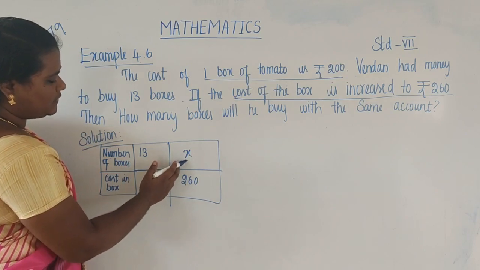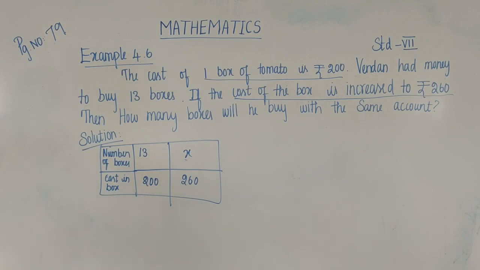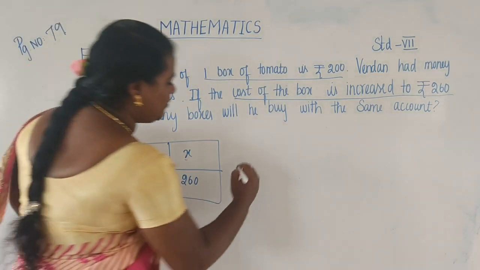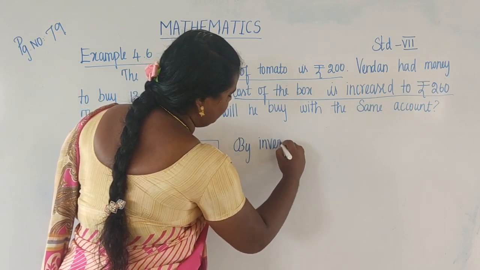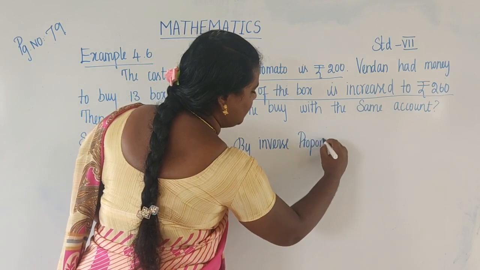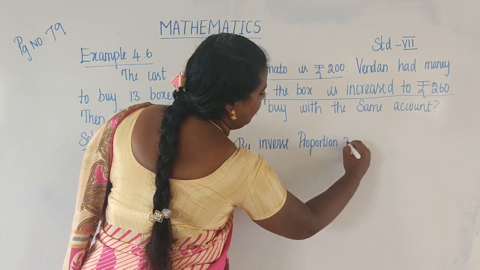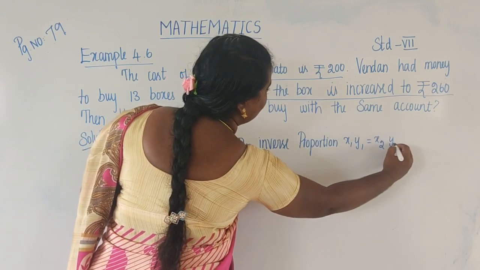So these are inverse proportions. So by the inverse proportion formula, students say inverse proportion, x1 y1 equals x2 y2.